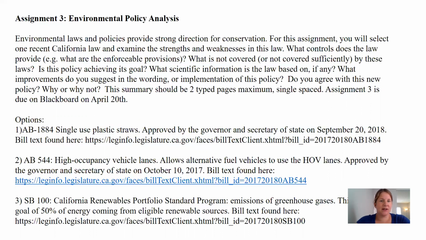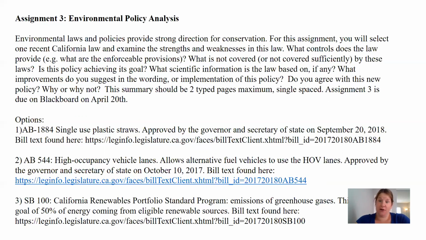For this assignment, you'll select one recent California law and examine the strengths and weaknesses in this law. Here are some questions that you should answer during your write-up. Obviously, you should name the law that you're talking about, name the policy. What controls does the law provide?